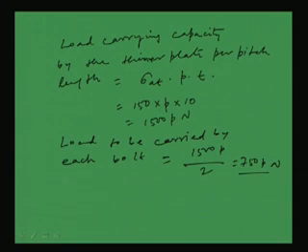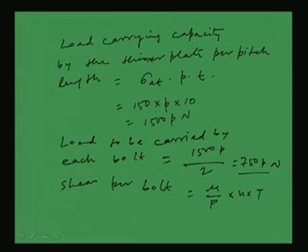Shear per bolt, as you have seen in the equation, is mu by F into N into T, where N is the number of interfaces, F is the factor of safety and mu is the slip factor.